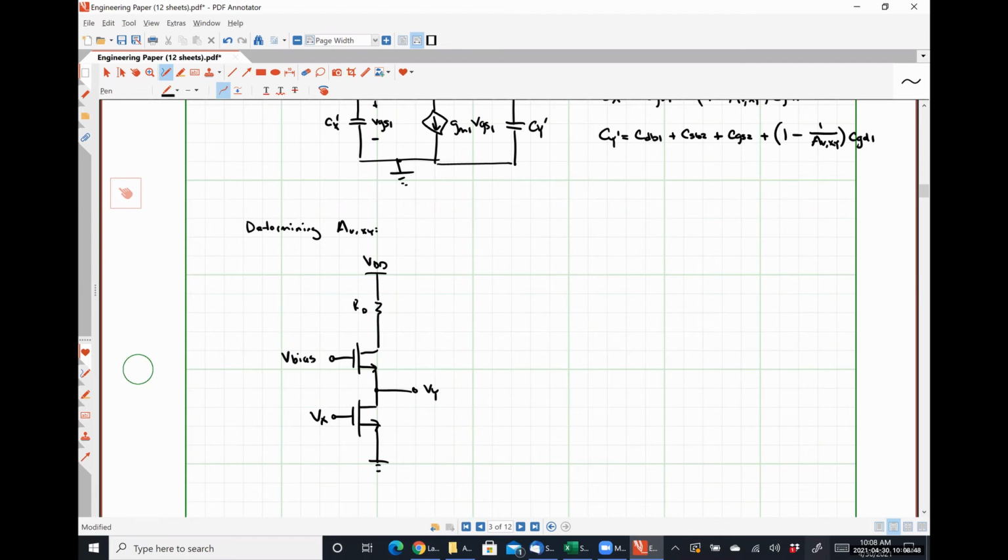So we are, just to be clear, still neglecting channel length modulation. So what we have here is our input is applied at our gate, our output signal is taken at our drain. This is a common emitter amplifier loaded with whatever resistance we see in this direction, right? Because channel length modulation is ignored. Otherwise, it would be R01 in parallel with whatever we see looking up.